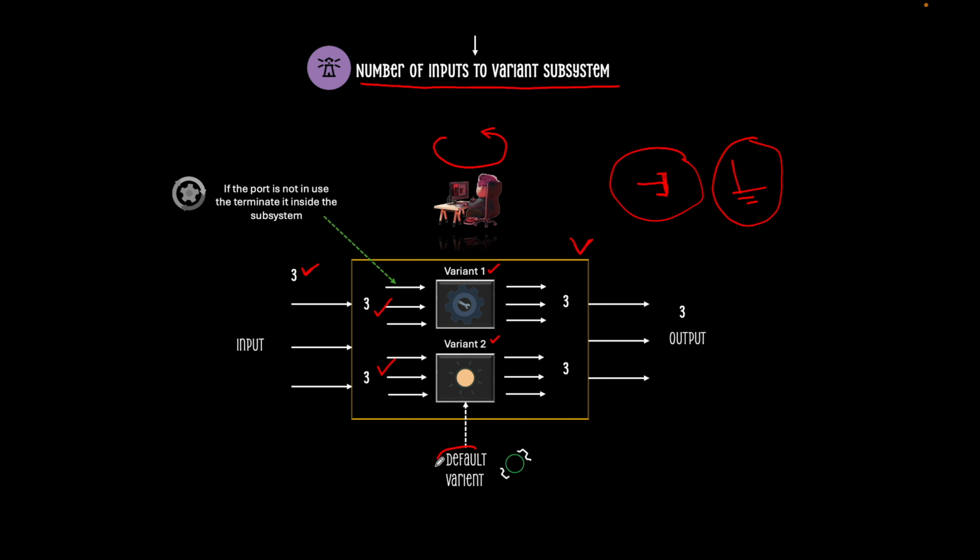One default variant should be there in your variant subsystem, so that even if you give the input, it will do the calculation via that default block. In this case, the second variant is the default subsystem, and only if the conditions get satisfied will switching happen. Otherwise, it will always run the second variant, which is the default behavior of the system.